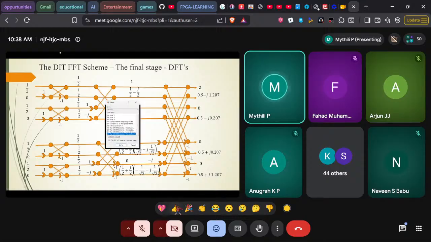The numbers I have written here, you should bring them into this form. They should be clear numbers finally. And the scheme, you have to learn the scheme, how to draw the basic scheme with all the W's properly.